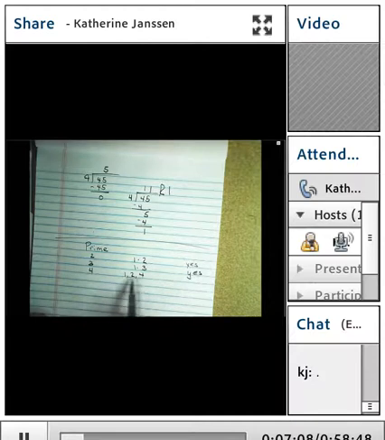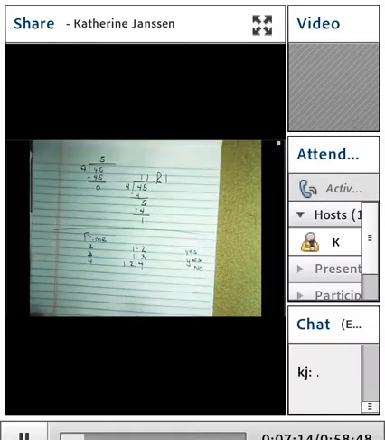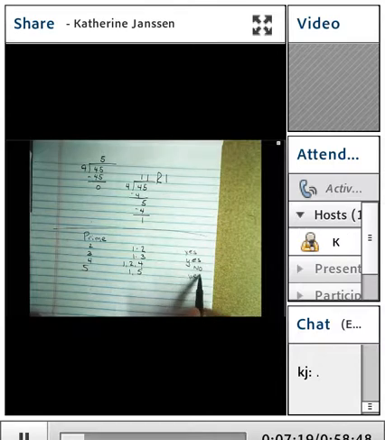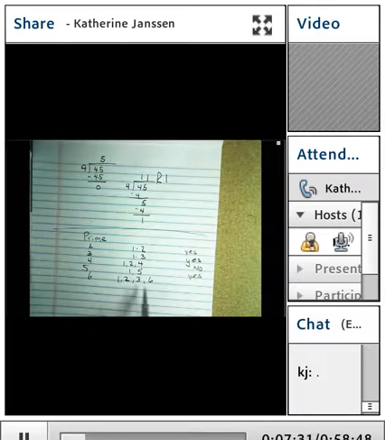So there's factors other than 1 and the number itself. So no, 4 is not prime. 5, the factors are 1 and 5, so yes, it's prime. 6, well, 6 is even, so we know it has 1 and 6 and 2 and 3 in this case. So it has factors other than 1 and itself, so no, it is not prime.